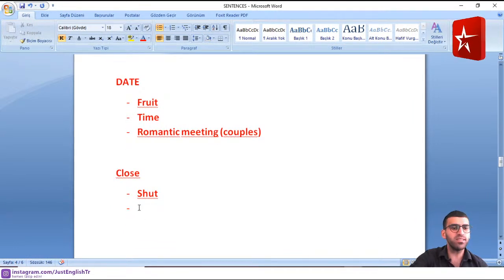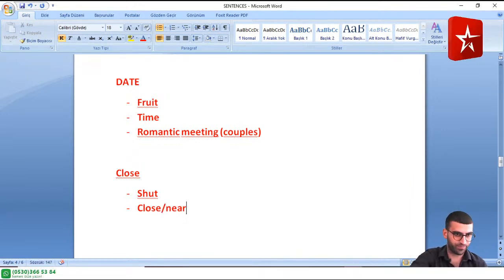The second meaning is close friend. It means near, close, near. Close is related to near.